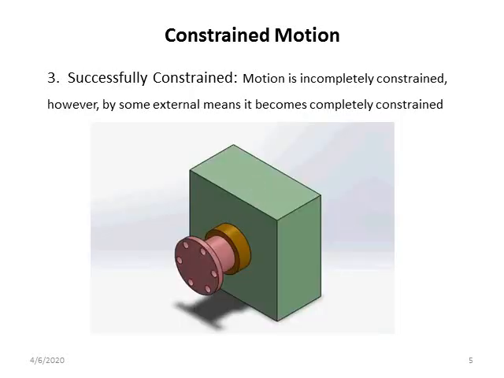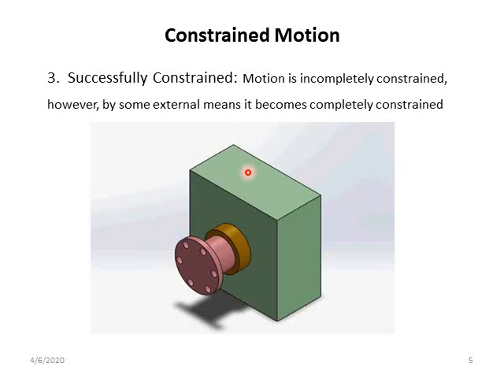The last example of constrained motion is successfully constrained motion. Before proceeding to this type, you have to recall the previous two types. The first one was the completely constrained motion, where you observed two links: a box with a rectangular cavity inside, and a rectangular rod, moving in the axial direction.